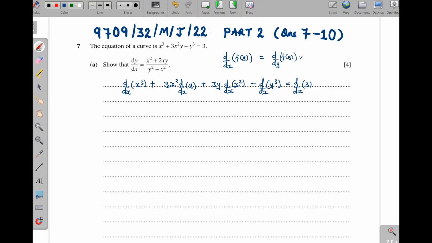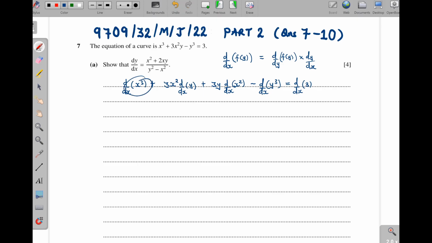Then after, we multiply by dy dx, because this dy will be cancelling with that one, and then you remain with what we are having here. You see that? You don't say that y here is a constant, because in that case it will go and you'll have a 0.